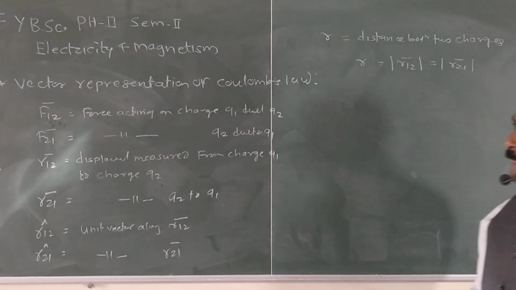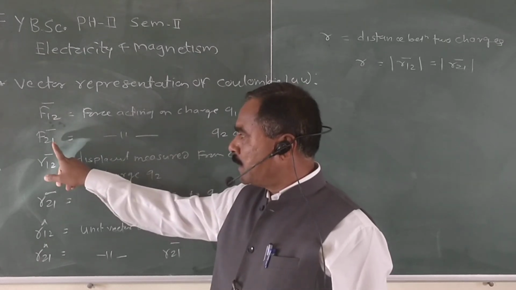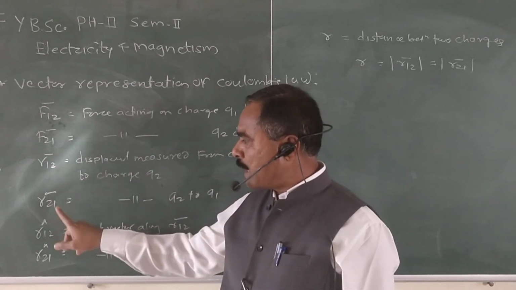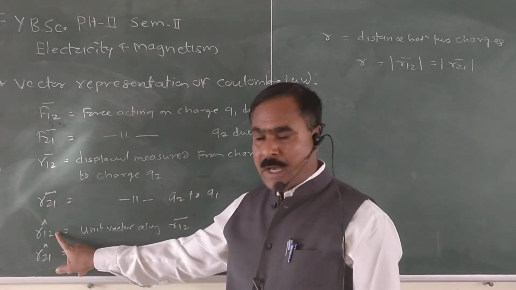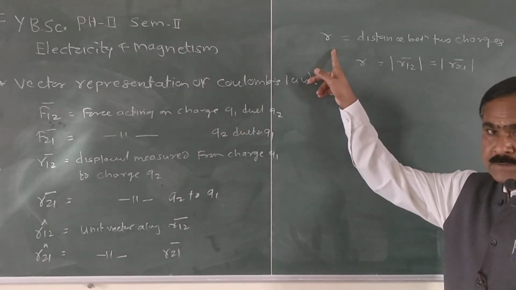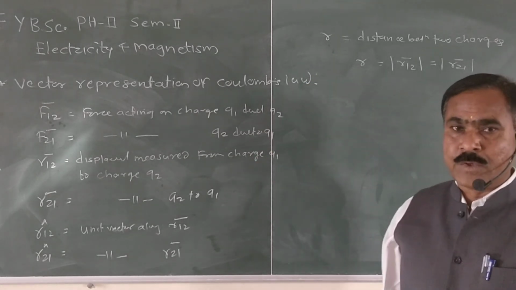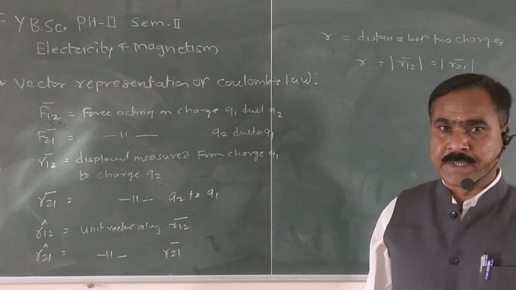So with this notation, that means F12 bar, F21 bar, R12 bar, R21 bar, R12 cap, R21 cap, and this R, you are going to represent Coulomb's law in vector form.